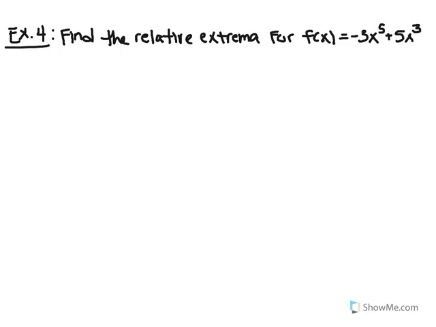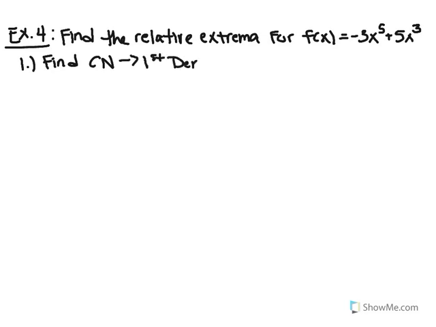So let's take a look at this problem. It says to find the relative extrema for f of x equals negative 3x to the fifth plus 5x cubed. So the very first thing that we want to do is we need to find the critical numbers. And we find critical numbers in our first derivative test.